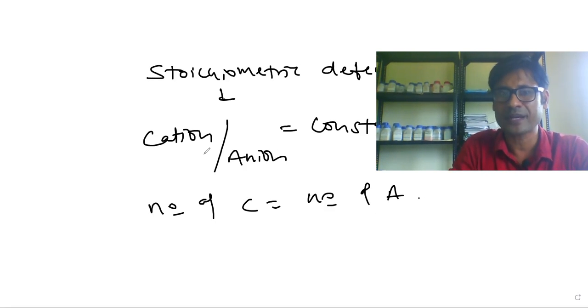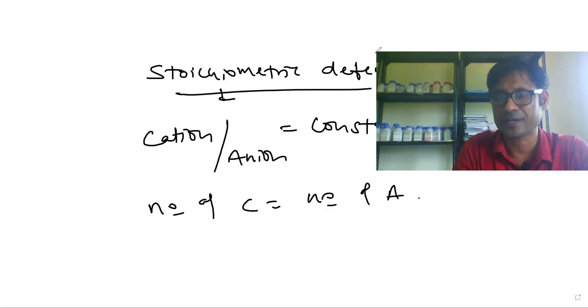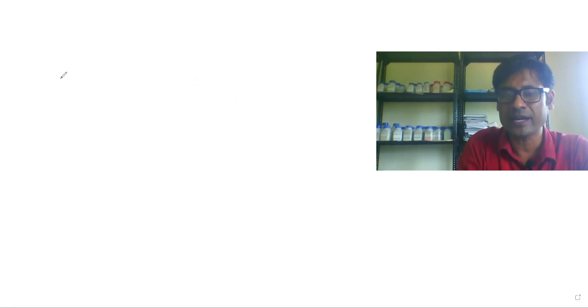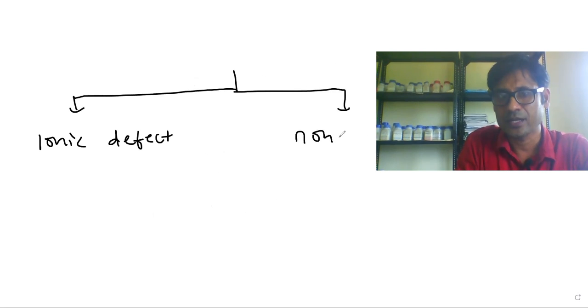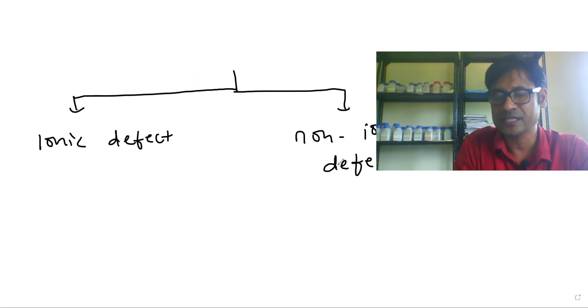This type of defect is called stoichiometry defect, and it is divided into two types. First is ionic defect and second is non-ionic defect.